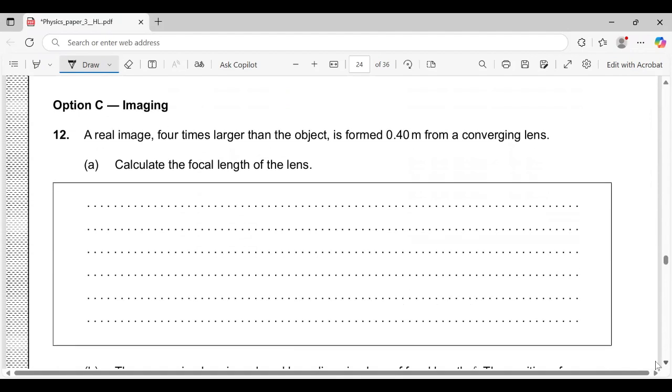Number 12. A real image 4 times larger than the object forms 0.40 meters from a converging lens. Calculate the focal length of the lens. Okay, we use magnification.